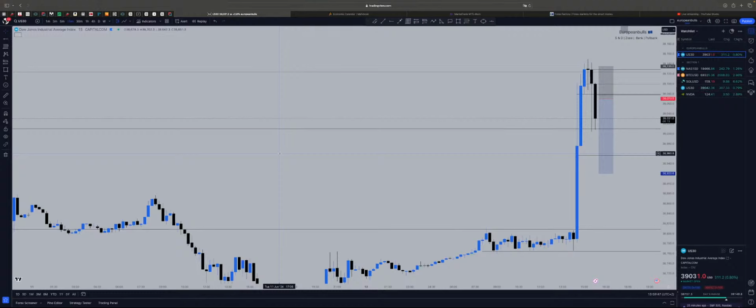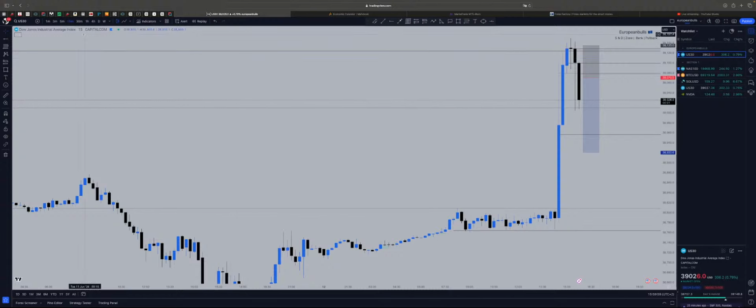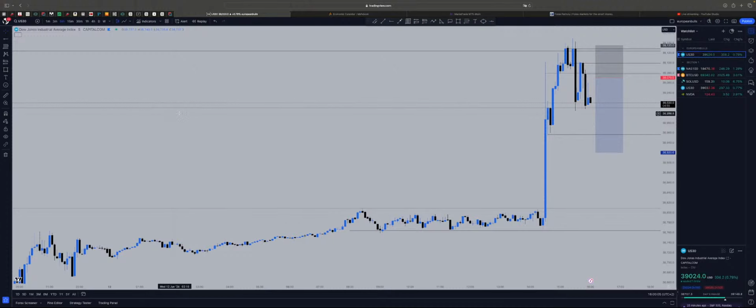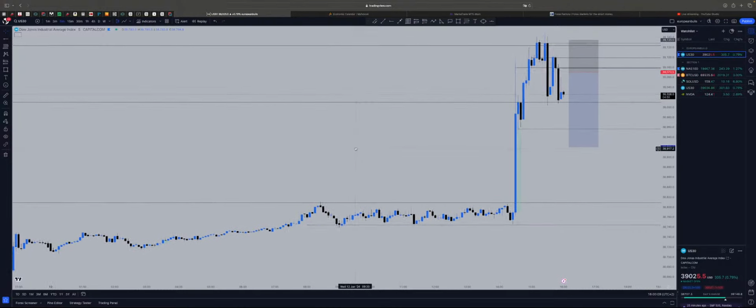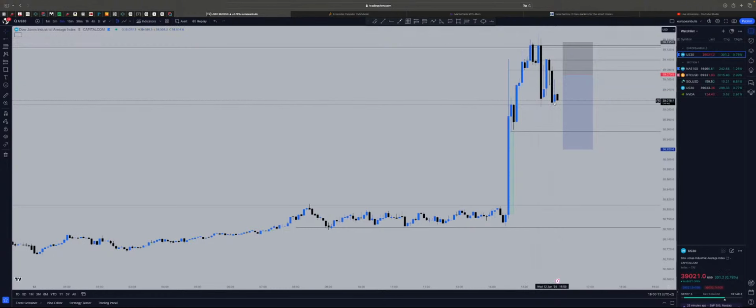I think the price is now failing to hold it in this area right here. I think it's failing to hold it. Well, 5 minutes closed. Not too good, I would say, but at least it didn't go beyond this candle, you know.